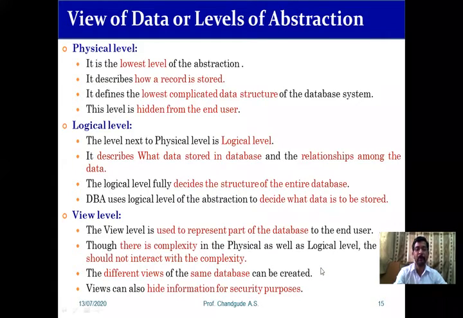Different views of the same database can be created, and views can also hide information for security purposes. Why create different logical views of one database? To hide information for security purposes. It is not useful to give access to the entire database to all users.